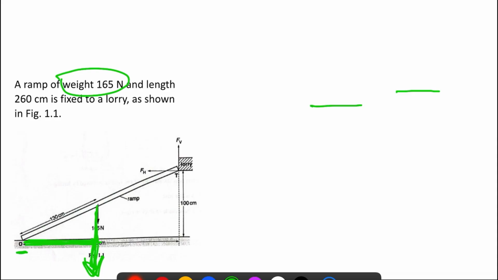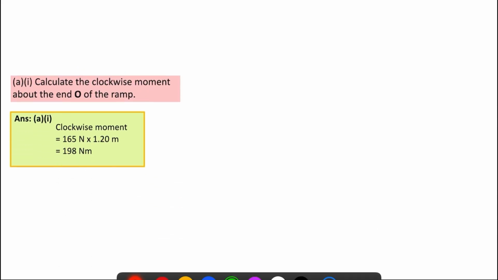So we are using this 240 divided by 2, hence it's actually 1.2 meters. Okay, so clockwise moment is the weight of the ram and 1.2 meters because that's the midpoint of the ram. Multiply them together, we get 198 Newton meters.